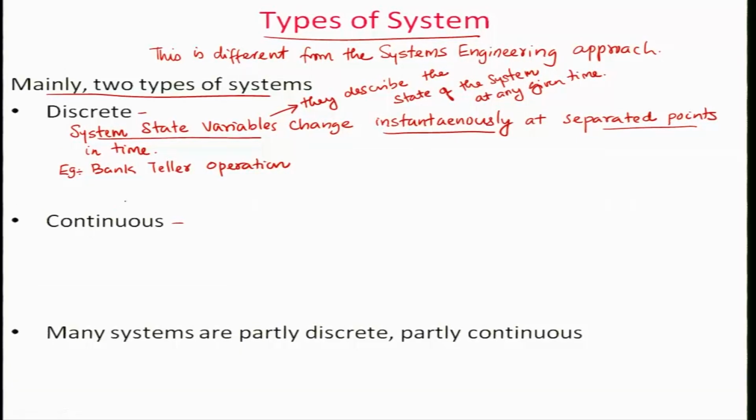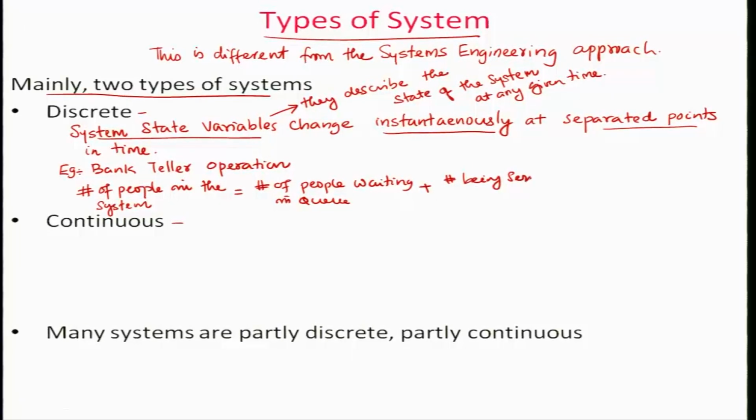One of them is the number of people in the system, which is equal to the number of people waiting in queue plus the number being served by the teller.